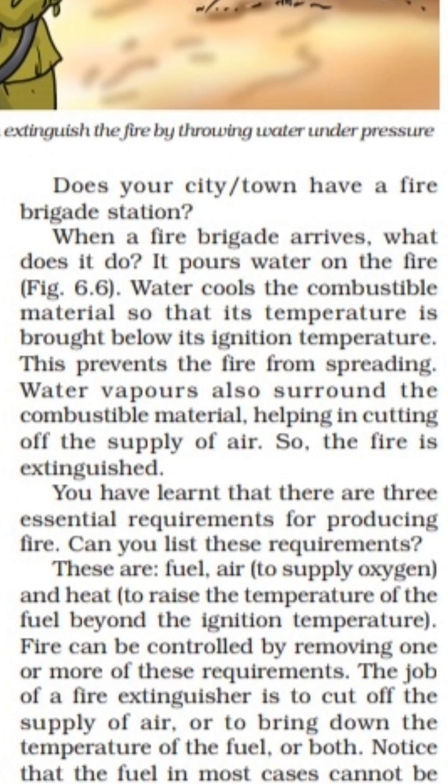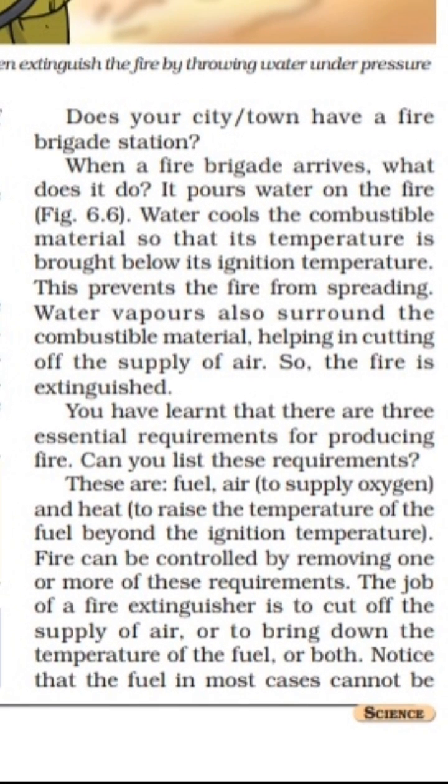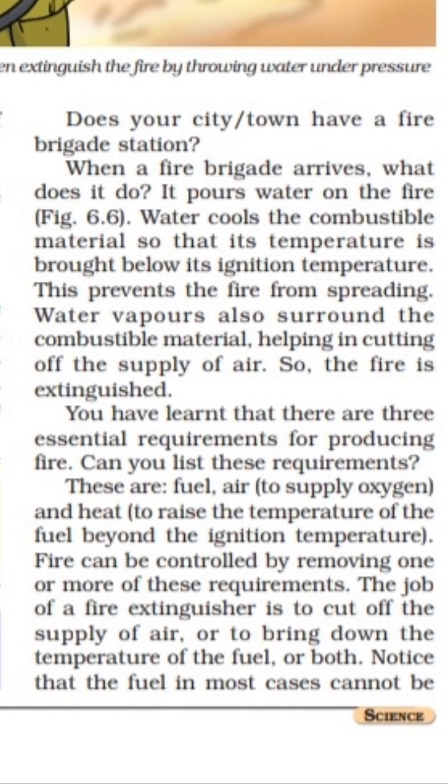In another way it is also helpful: when we pour water, it is converted into water vapors because of the heat, and the water vapors surround the combustible material and help cut the supply of air, which means oxygen, and so the fire is extinguished.